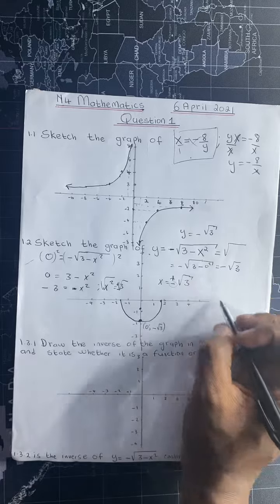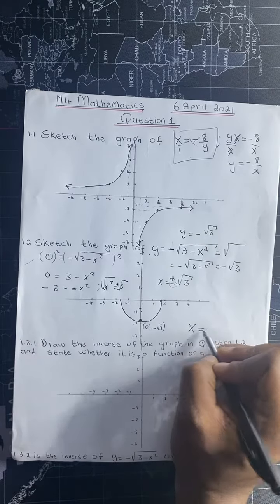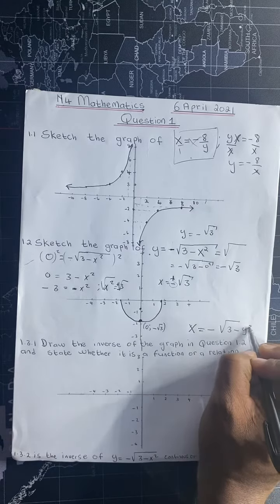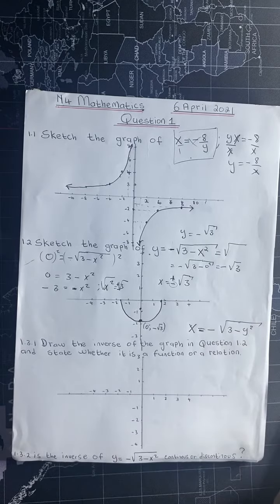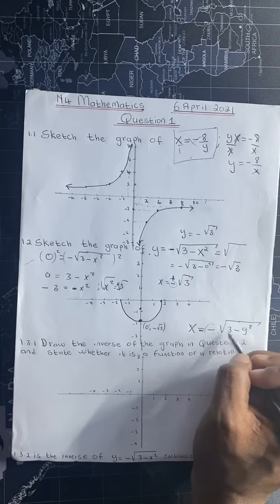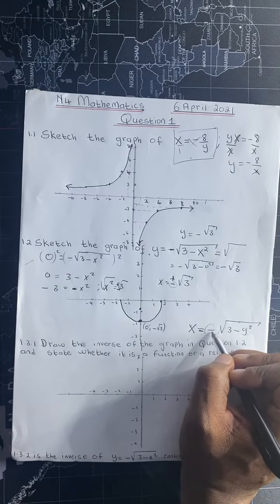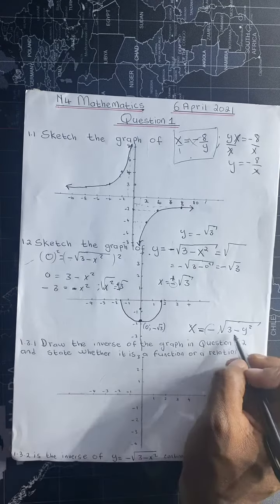So we'll have x is equal to negative the square root of 3 minus y squared. This is a semicircle again. Because of this negative, the square root will always be positive, and positive multiplied by negative will always be negative. So this will be that side.